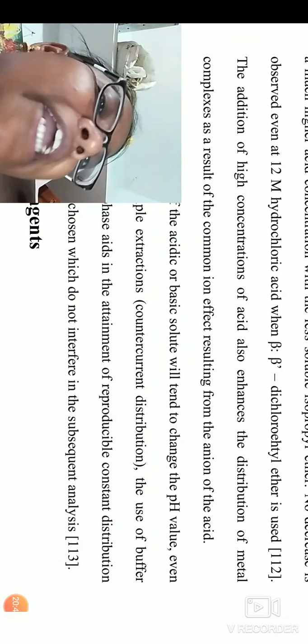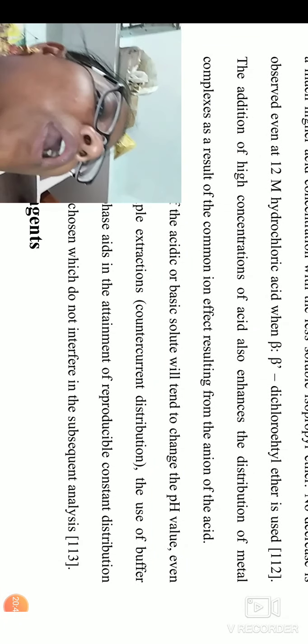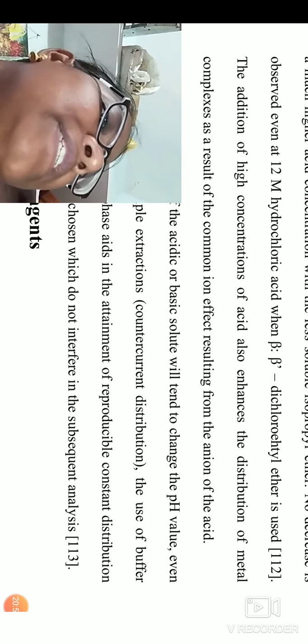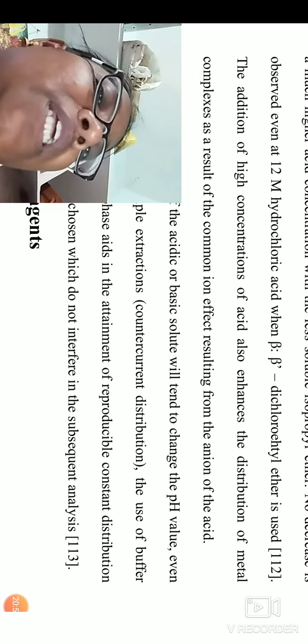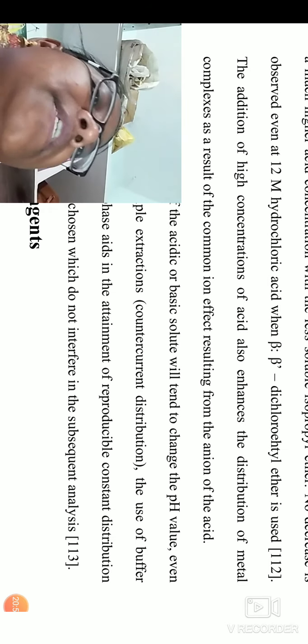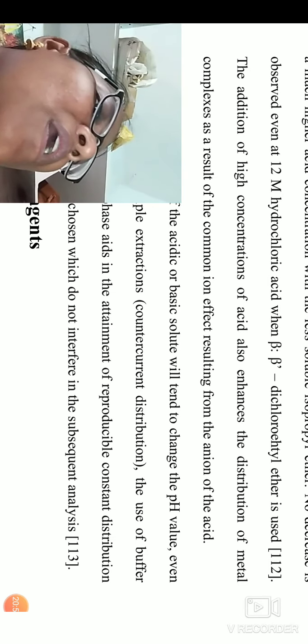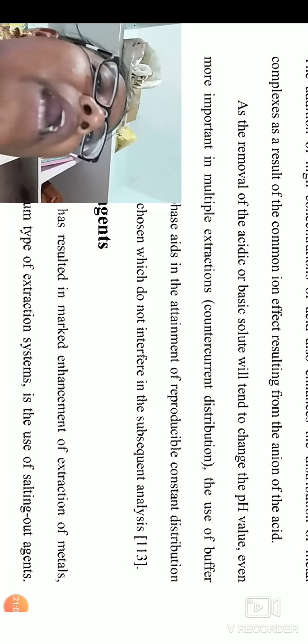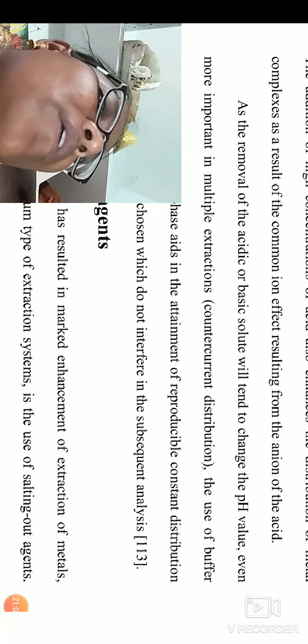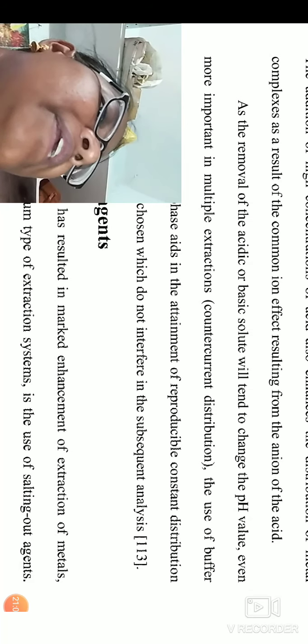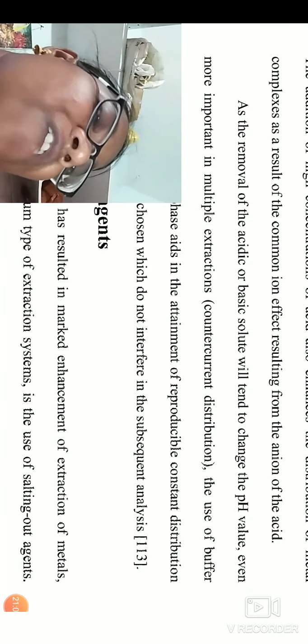The addition of high concentration of acid also enhances the distribution of metal complexes as a result of the common ion effect resulting from the anion of the acid, as the removal of the acidic or basic solute will tend to change the pH value.